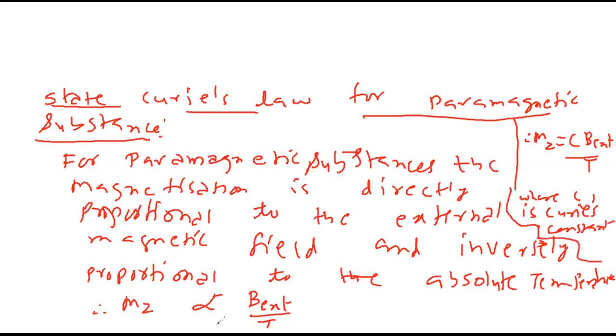Right, good. For paramagnetic substance, the magnetization is directly proportional to external magnetic field and inversely proportional to absolute temperature. Therefore, Mz proportional to B external upon T. Therefore, Mz is C into B external upon T, where C is Curie's constant. This is known as Curie's law. Done, sir?